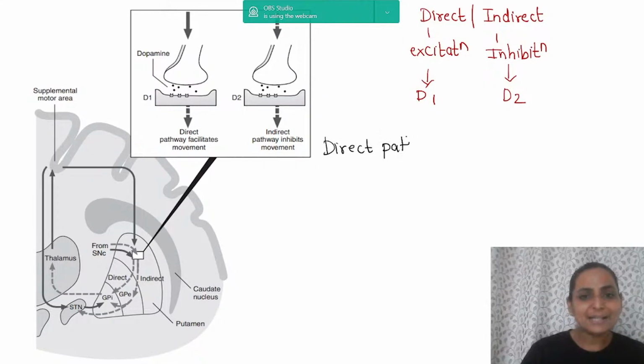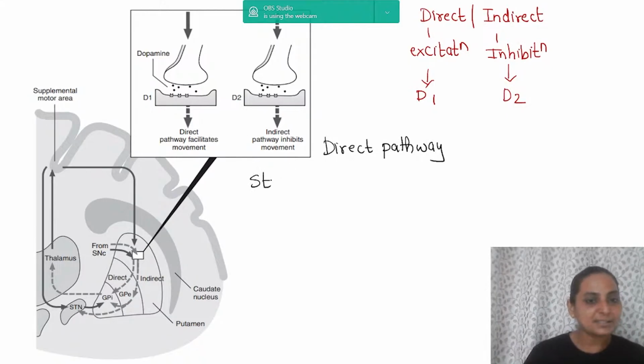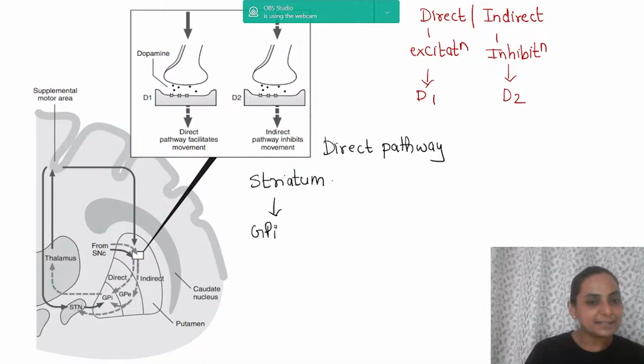Now let me make it very, very simple in the form of a flow chart. How are we going to make it simple? See, this pathway starts from the striatum. Then there is the globus pallidus internal segment, and there is the substantia nigra pars reticularis.